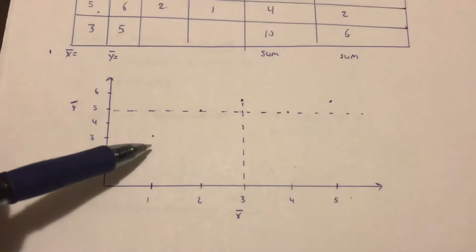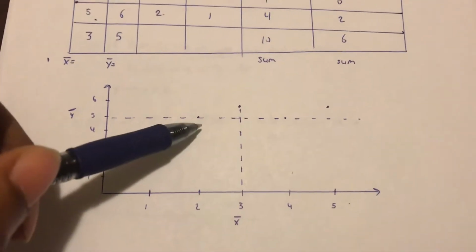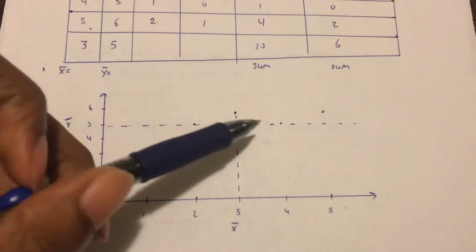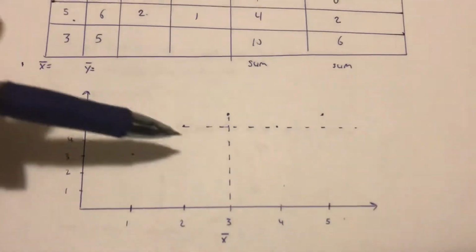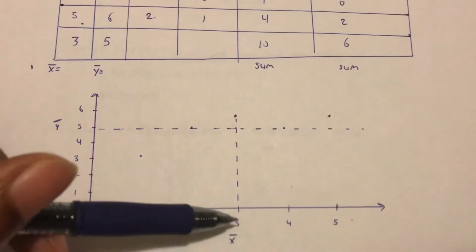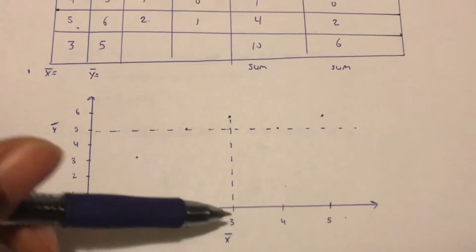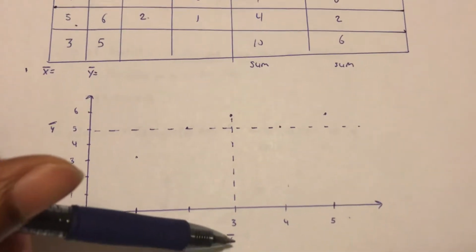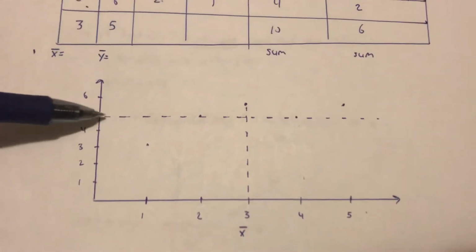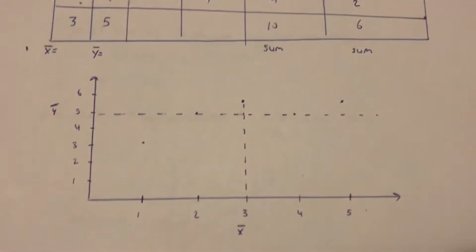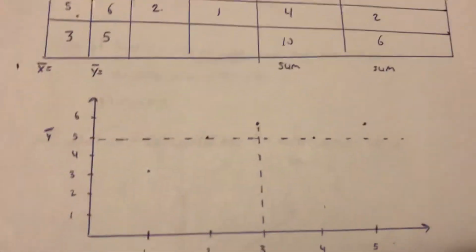This is 1, 3, we have 2, 5, we have 3, 6, 4, 5, and 5, 6 here, and our x bar is equal to 3, so our average x value is equal to 3. Our y bar, our average y value, is equal to 5, which is those two lines there.